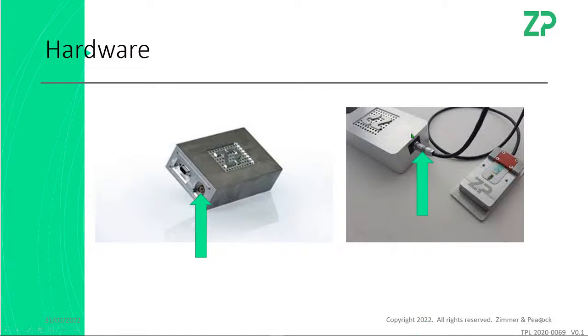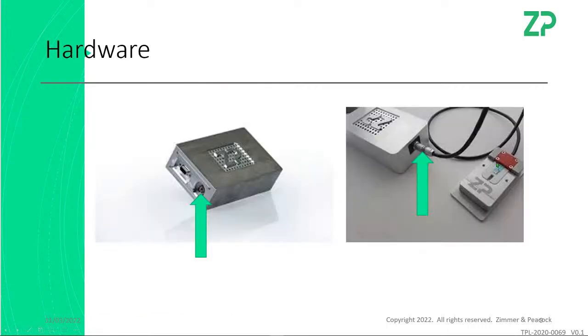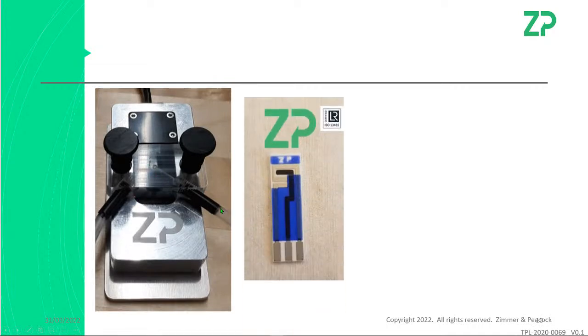So you need the instrument, and you need an adapter so that you can then hold screen printed electrodes. We have an adapter, and the adapter comes in this configuration with these thumb screws. If you remove these thumb screws, it looks like the previous picture, where you just have an exposed electrode. If you put the adapter on, then you essentially have a flow cell. I'll talk about the flow cell in a minute.